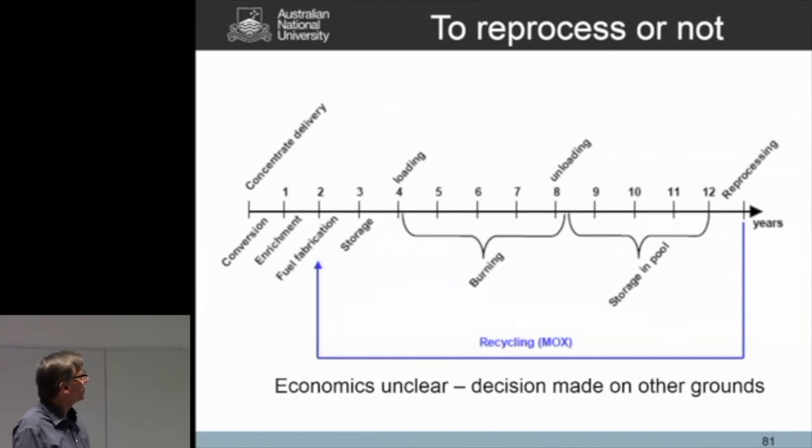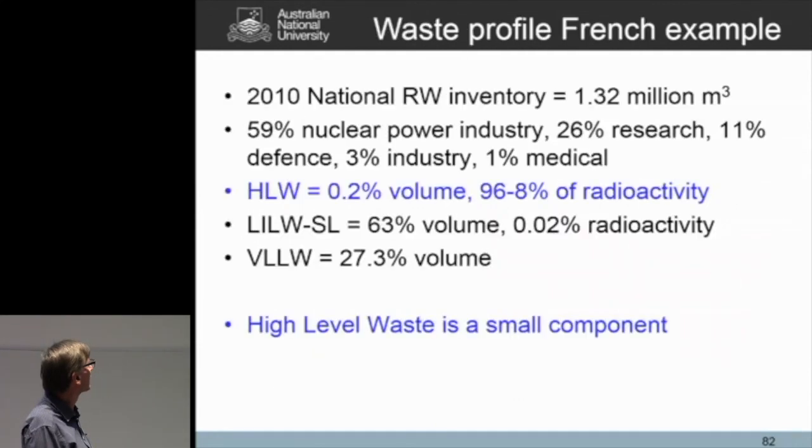And the decision there is usually made on other grounds than economics. The economics are not clear, and the process of reprocessing is often linked with making weapons. So it's one reason that the United States made the decision in the Jimmy Carter regime that they would no longer reprocess for civilian purposes.